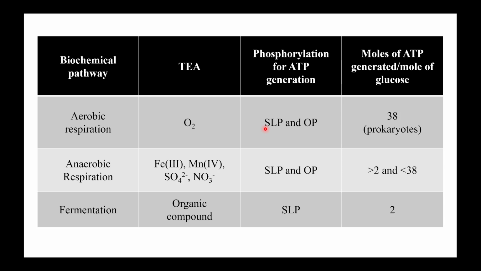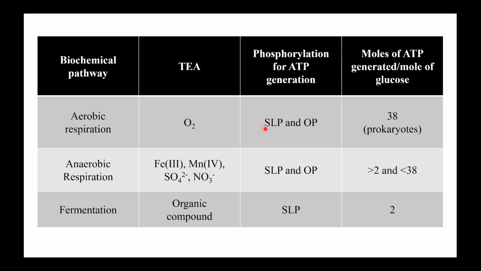depending on the organism. And then there's a third pathway called the fermentation pathway, which I have discussed already, which is also an anaerobic process, but in that case, the terminal electron acceptors are generally organic compounds. You remember the fermentation that was occurring in yeast that was converting the pyruvate into ethanol and carbon dioxide.